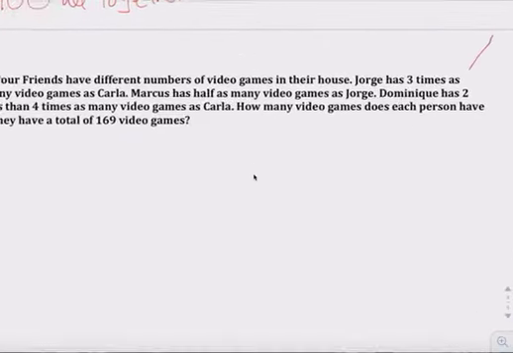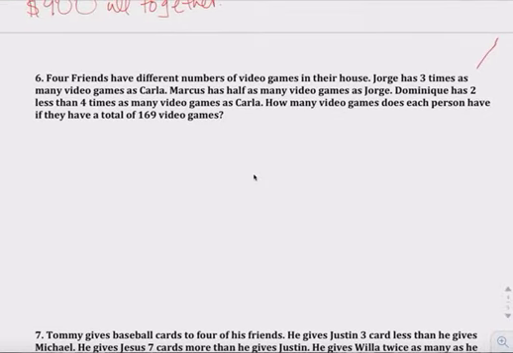Four friends have different numbers of video games in their house. Jorge has 3 times as many video games as Carla. Okay, there's Jorge, Carla. Marcus has half as many video games as Jorge. There's Marcus. Dominique has 2 less than 4 times the video games as Carla.